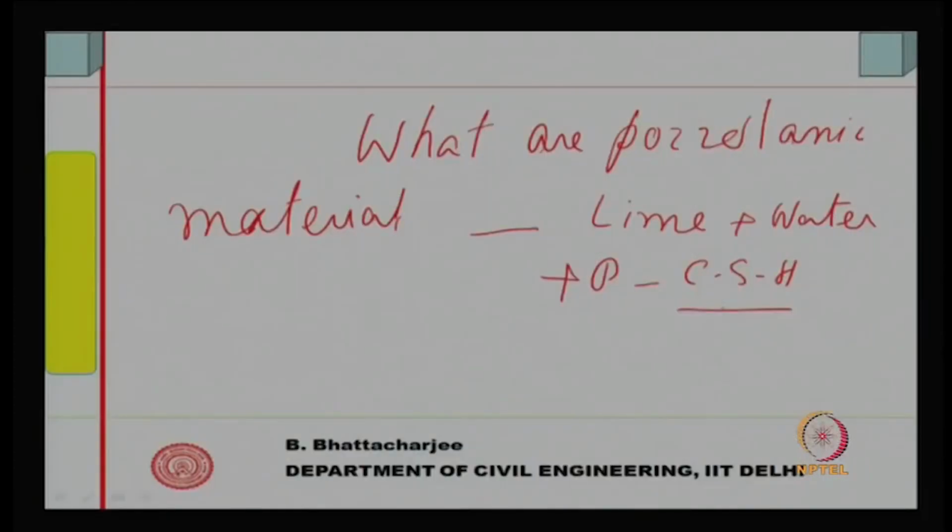When you mix volcanic ash with lime and water, it could give rise to the production of a cementing material, that is CSH. So that ash was called pozzolana, and from that the name pozzolana has come into practice.